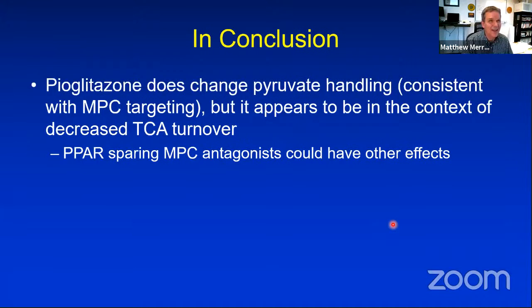The reason I say that is that pyruvate availability should not be driving TCA cycle turnover in the liver. And so I think it takes a very nuanced view of turnover in the liver to be able to interpret this.